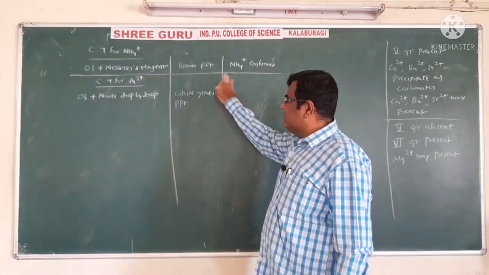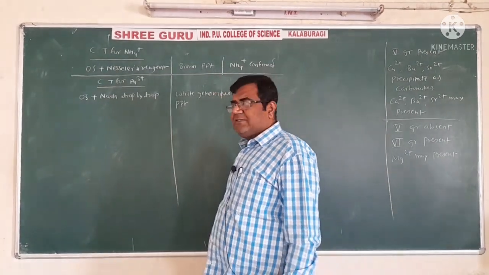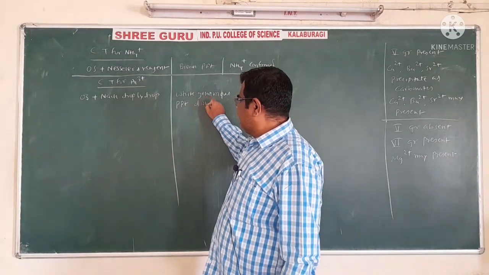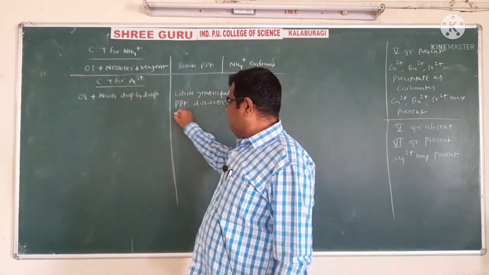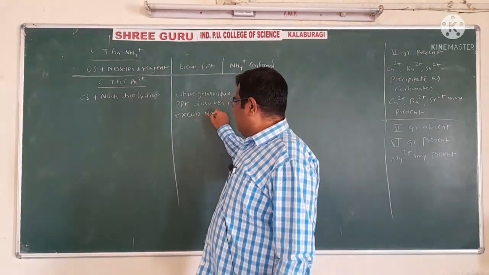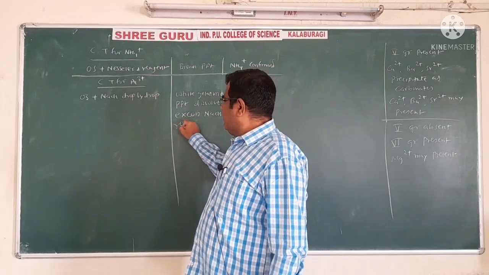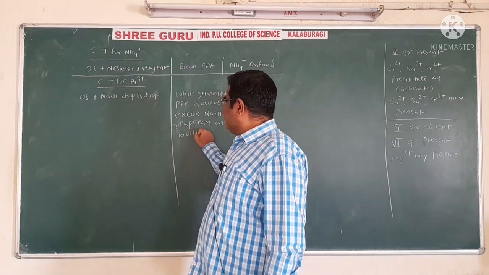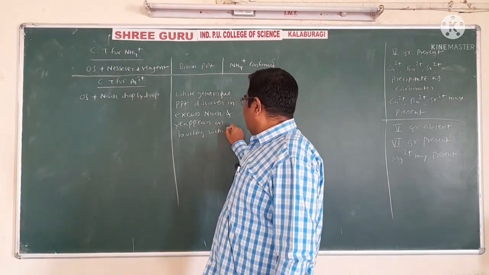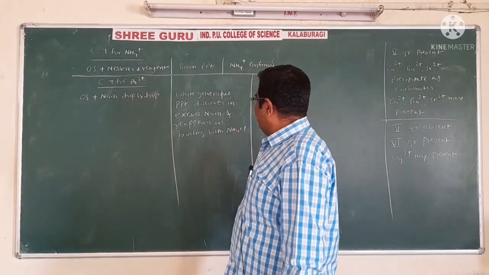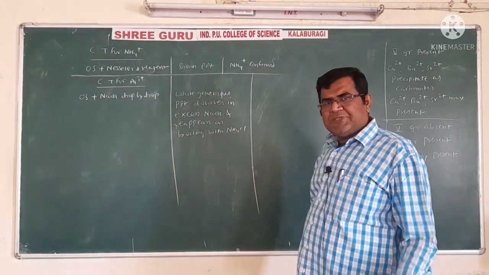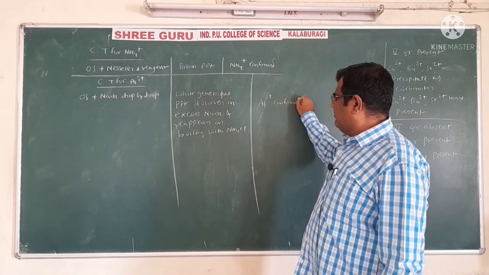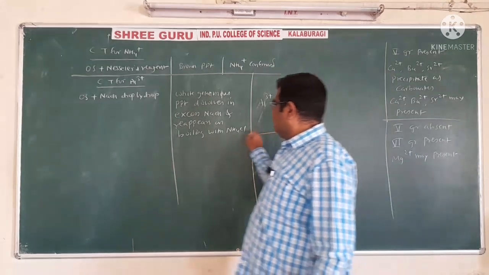And we have to say that the white gelatinous precipitate dissolves in excess of NaOH and reappears on boiling with ammonium chloride. And if that is a positive test, meaning we are getting this observation, we have to write Al plus 3 confirmed. Al plus 3 is confirmed.